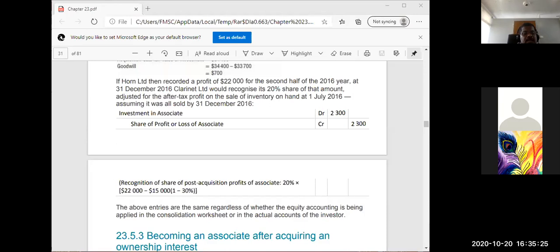On the face of the balance sheet, you are showing this one. You don't show these workings. This is the final figure. And in the income statement, you say share of profit, which is 2,300. That is for the 6 months. That's all.